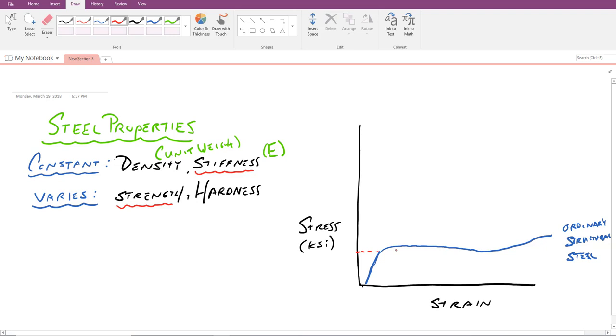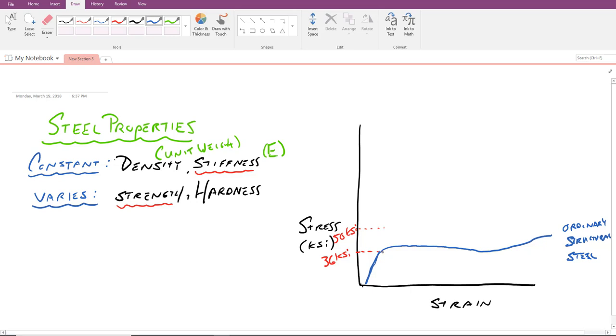We talked about that strength that varies. So 36 KSI steel, sometimes called A36 steel, is one of those. The other one would be a little bit higher up, but 50 KSI steel also represents another value here.